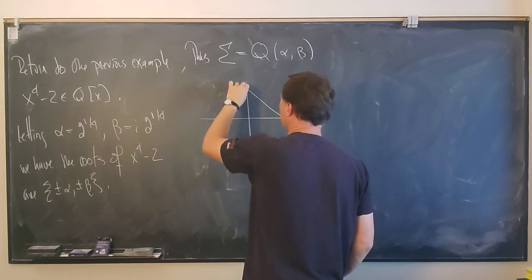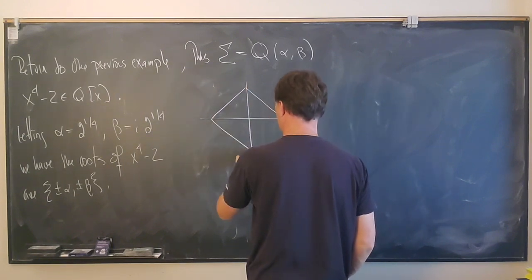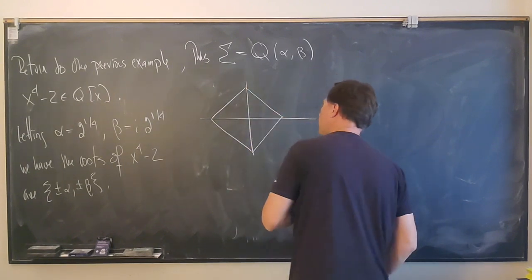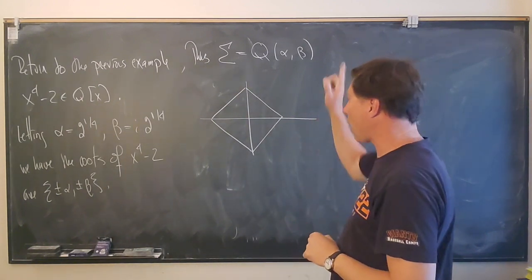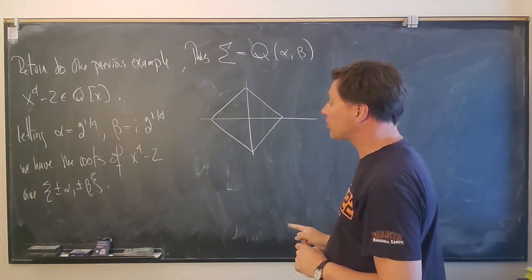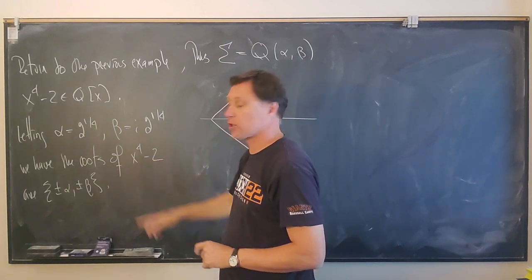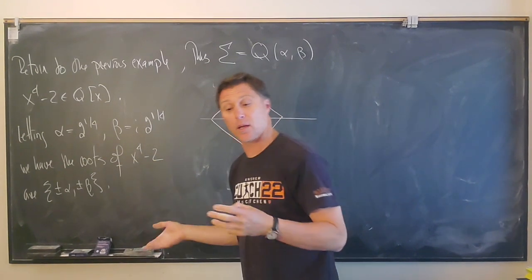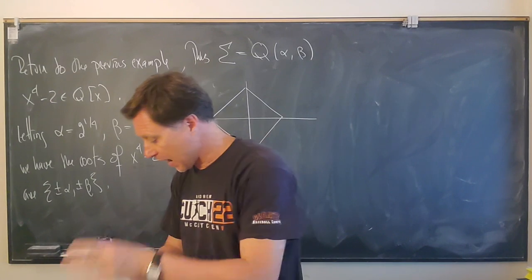Because we know that our Galois group has to permute the roots of this polynomial right here. So plus or minus alpha, plus or minus beta have to get interchanged.